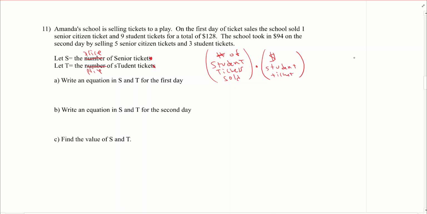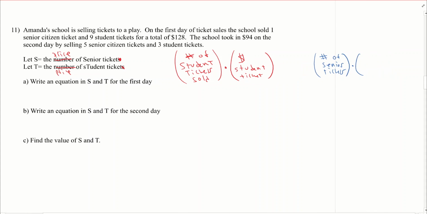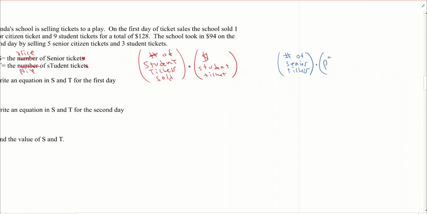And if I want to know how much money I make from senior tickets, I take the number of senior tickets and I multiply that by the cost of a senior ticket, the price of a senior ticket. And if I add these two together, this thing is telling me the amount of money I'm making from students, and this is telling me the amount of money I'm making from seniors. If I add those together, I get the total amount of money that I made, because I'm adding the students plus the seniors.